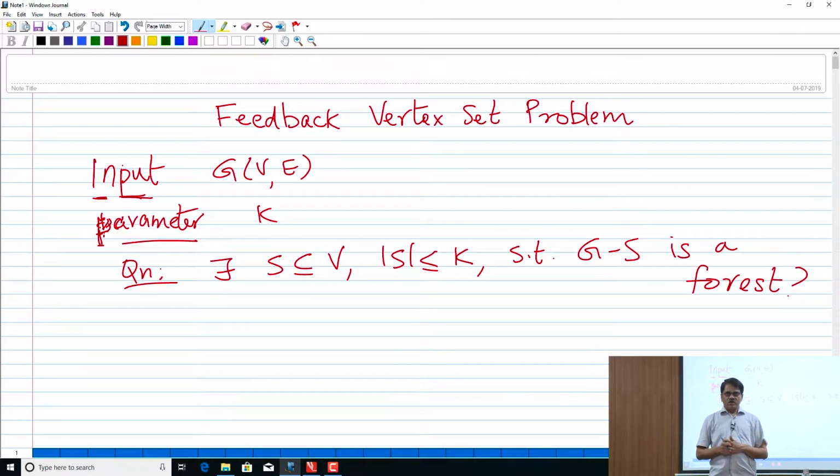So there are enough algorithms using which you can check whether a graph is a forest, whether it contains a cycle or not. In fact, a more challenging exercise is to detect whether a graph has a cycle in order n time. Okay, so I'll leave that as an exercise.